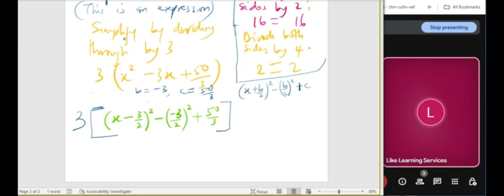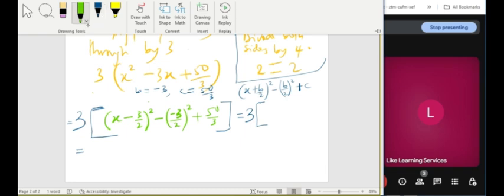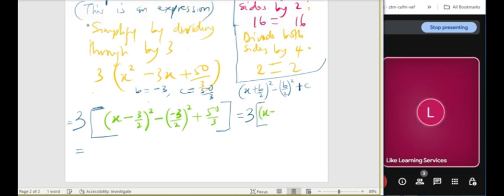So let's go. This is equal to what? I mean, we can even do it here. 3, open a big bracket, x minus 3 over 2 squared. Can you just simplify this one? Okay, let me write it. That's 9 over 4 plus 50 over 3.